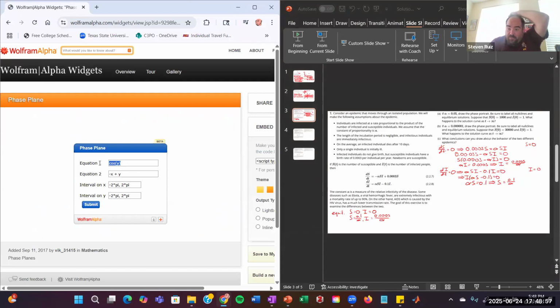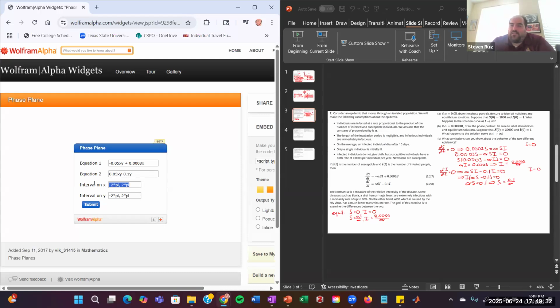So now I don't think I can give it a parameter, so I will go ahead and give it alpha. So negative 0.05 SI. I'll say that S is X and I is Y. So negative 0.05 XY plus 0.0003X. And then negative 0.05 XY. No, not negative. Positive. Minus 0.1 Y.